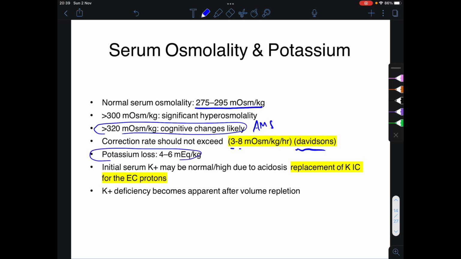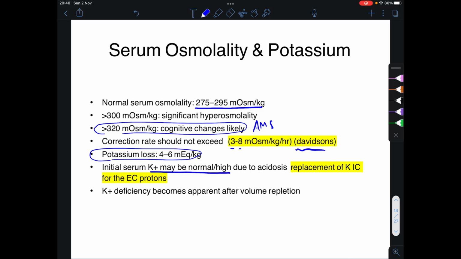You can also calculate the potassium loss by using this formula. But usually with potassium, we give potassium and then we monitor and see what levels it reaches. So you need close monitoring, and you need to put the patient on cardiac monitoring. Now, in the beginning, you actually see that the potassium levels seem to be normal in a patient with HHS.